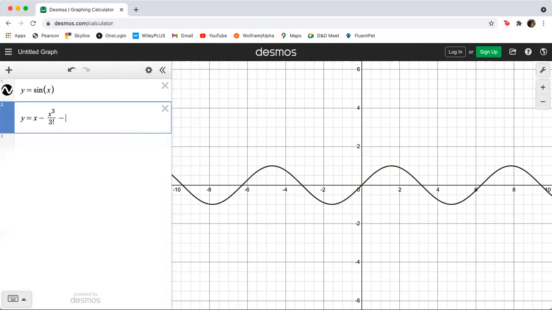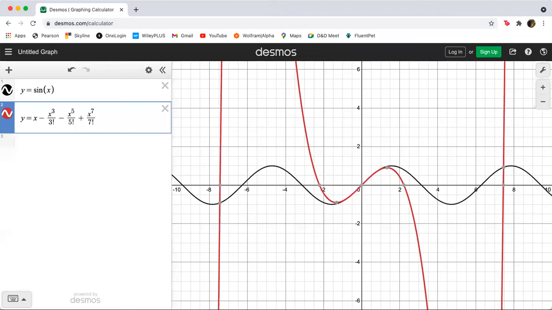And then the more terms we add, the more our polynomial starts to look like sine, near 0. If we try to look at this far away, then it stops looking correct.